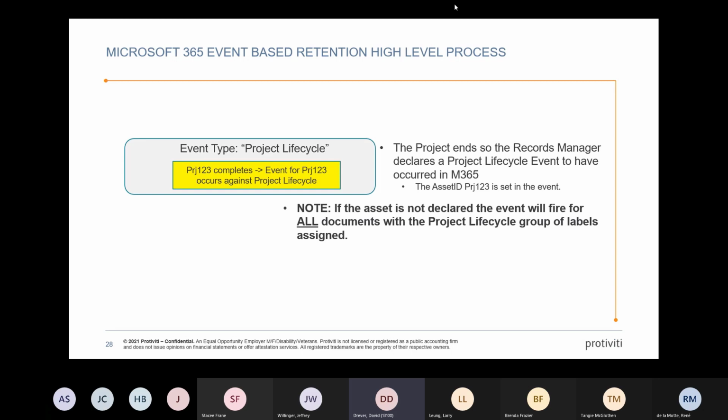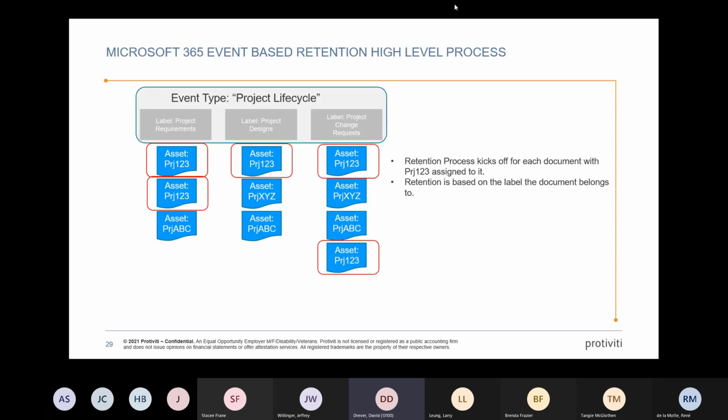So what I need to do then is fire off the event for project 123. I give it the asset of project 123, and what that does for me is it will then go through the entire environment and look for any document that has project requirements, project designs, or project change requests labels.